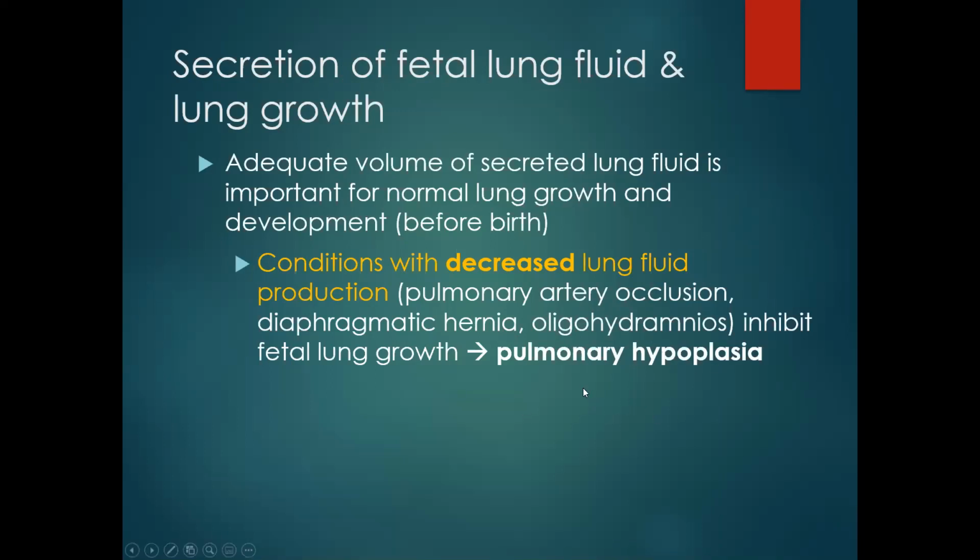And when there's pulmonary hypoplasia, the lung volume is diminished, and along with it there will be decreased fetal lung fluid as well. Not necessarily decreased surfactant, because those babies may be mature by the time they're delivered, like in diaphragmatic hernia.